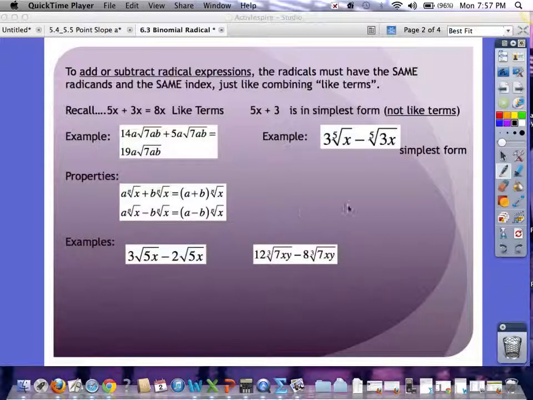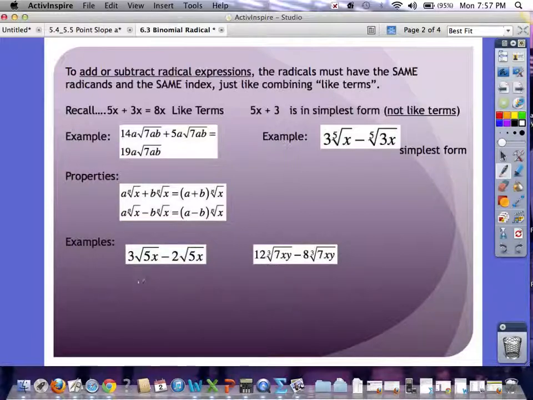So, for example, let me get a color that we should be able to see. All right, if we have 3 times the square root of 5x minus 2 times the square root of 5x, the indexes are the same, the radicands are the same, so we can subtract these. So 3 minus 2 is 1.